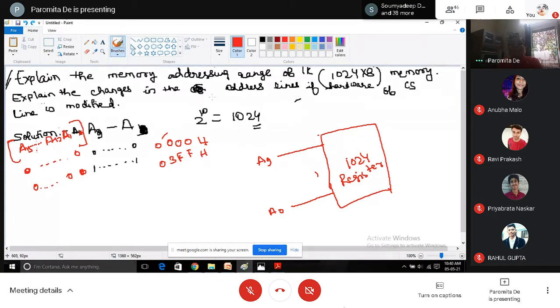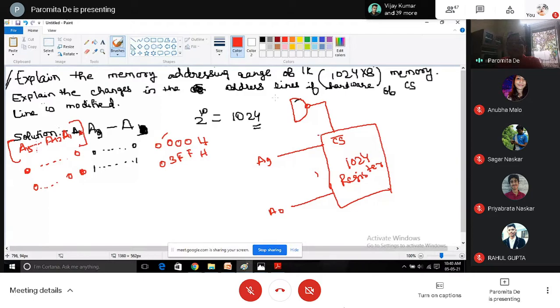In the logic system, I will put a NAND gate here. Okay, and I will connect this to your chip select. If the chip select has a bar, then it is a low enabled logic. That means when it is 0, the chip is selected, and if the bar is not there and it is high, then it is selected.